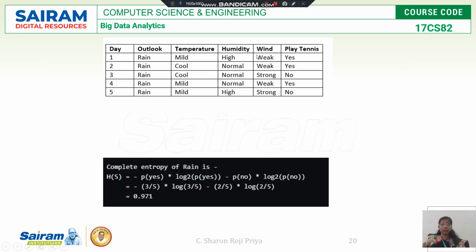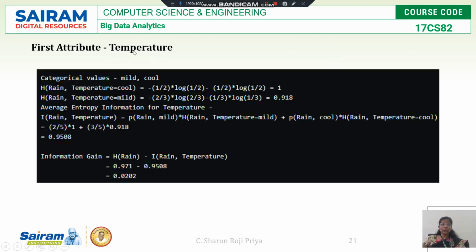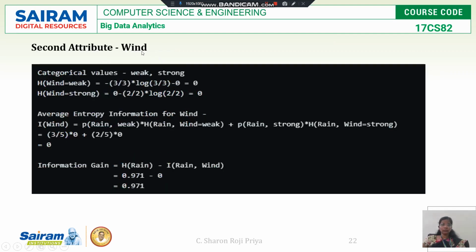Even outlook won't come. So outlook and humidity are over. You have to check with temperature and wind alone. So my first attribute is temperature, second is wind. You calculate it and find which is the highest information gain.